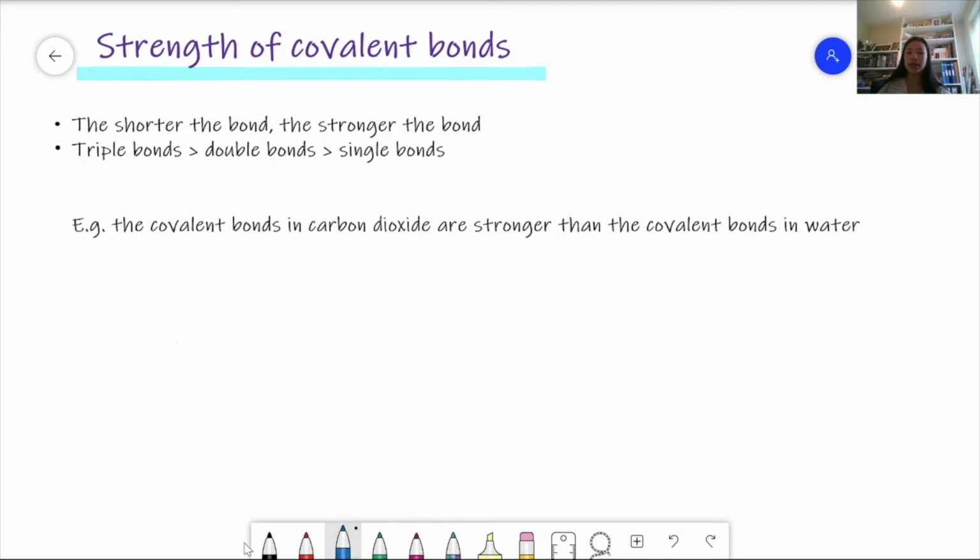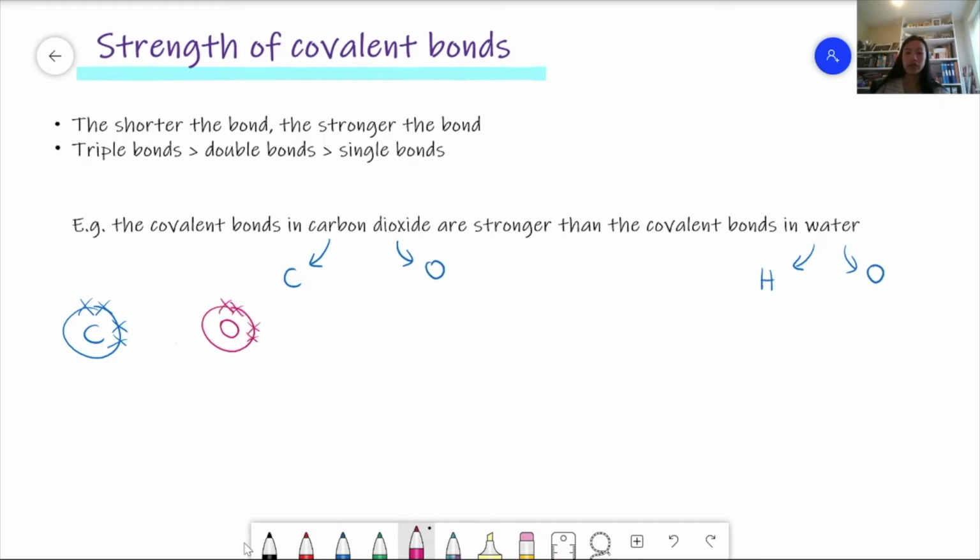If we have a look at this, then we have carbon and 2 oxygens. And in water, we have hydrogen and oxygen. So for carbon dioxide, the carbon has 4 electrons in the outer shell, and the oxygen has 6 electrons in the outer shell because it's in group 6. So the dot and cross diagram for this would look a bit like this.